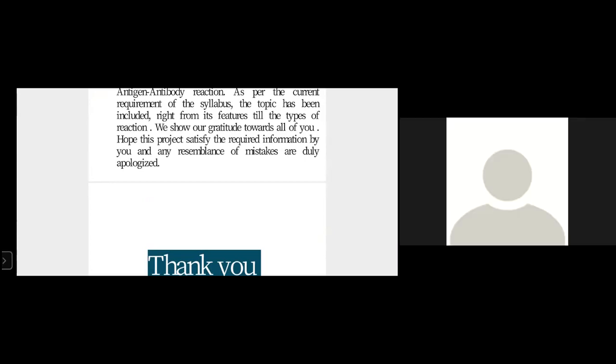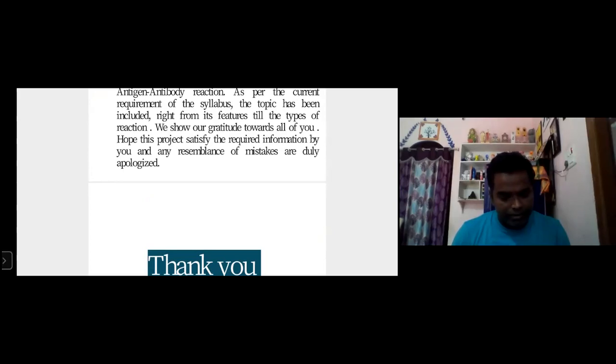Sometimes they ask what immunological techniques are, so we are going to see what the immunological techniques are.